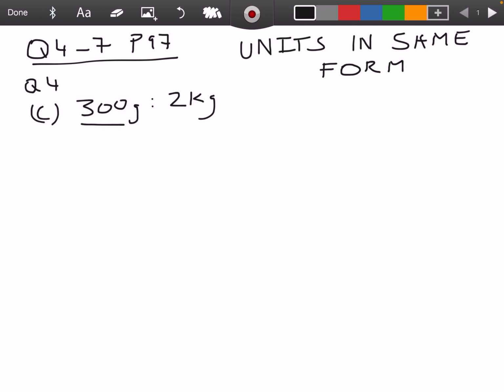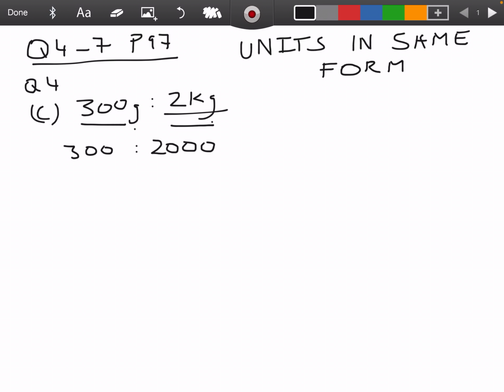So 300 grams is fine. Grams are smaller than kilograms, so we're going to change 2 kilograms into grams first and foremost. It tells us in the question that 1 kilo is equal to 1,000 grams, so you just multiply that by 1,000, and you end up with 300 is to 2,000.